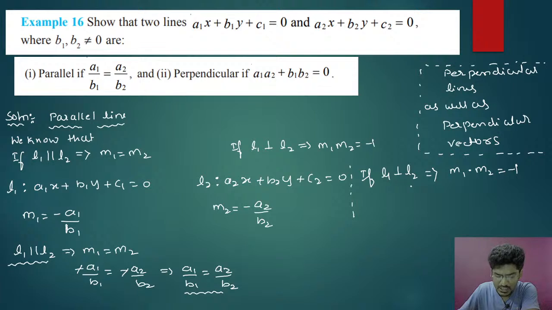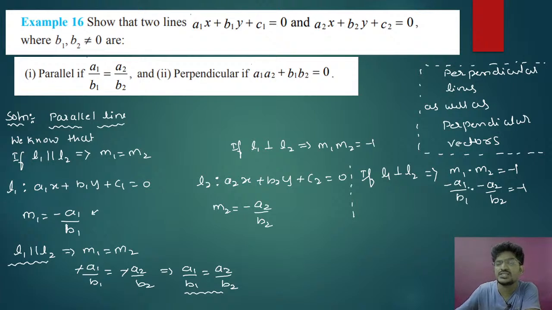Already you know the M1 value, minus A1 by B1, into the M2 value, minus A2 by B2, equal to -1. Now you can see that minus into minus is plus.